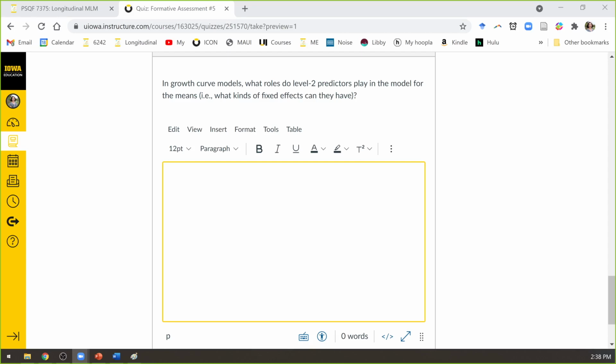You end up with a reference growth curve for the time invariant predictor equal to 0, and then you have different fixed effects that allow aspects of that curve to change. You start out higher or lower, change faster or slower, and so on. That's what they are for. And if they matter, they reduce the random effects variance related to each term that they're modifying. So that's where we're starting today.